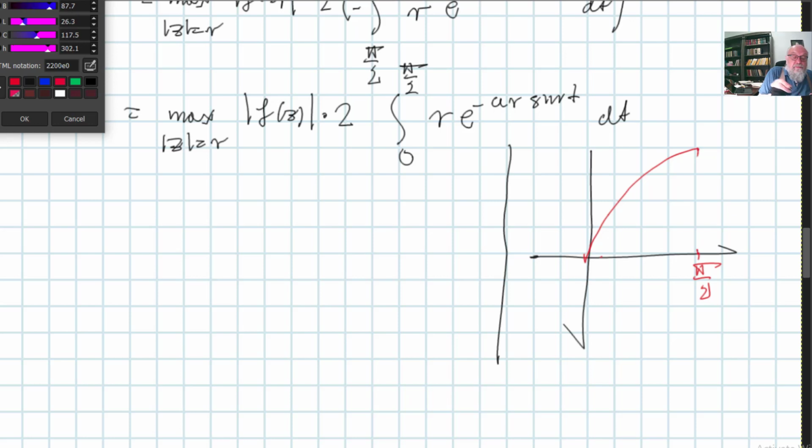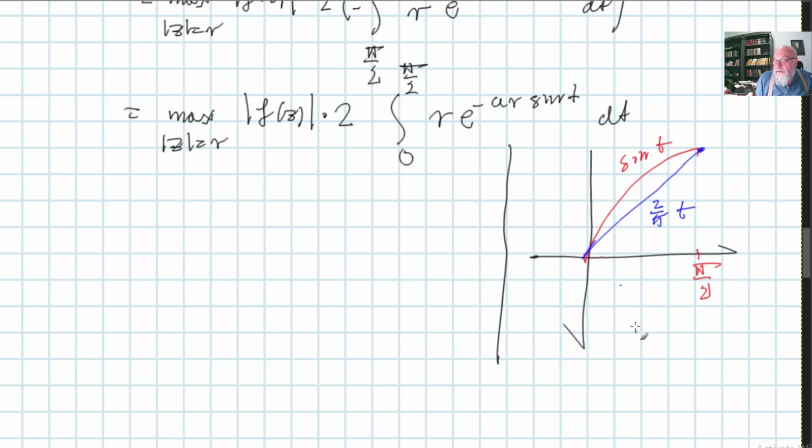I can take the line joining these two points, which is simply 2 over pi t, and you can see clearly that on this interval 2 over pi t is smaller or equal than sine of t, and that implies that you can write this inequality.